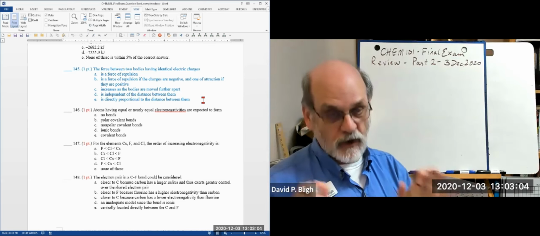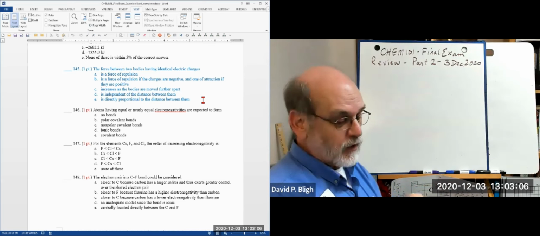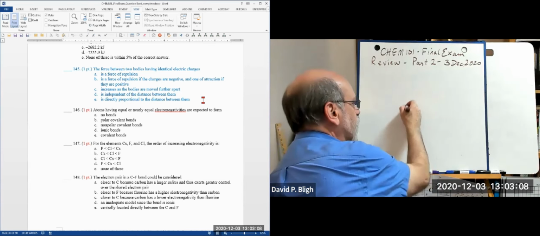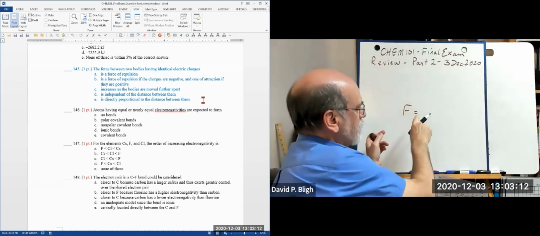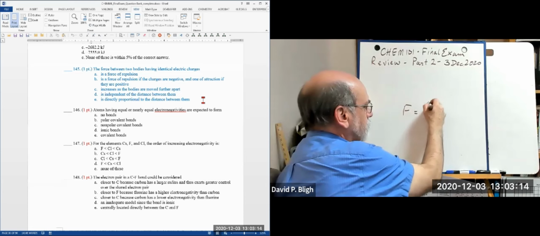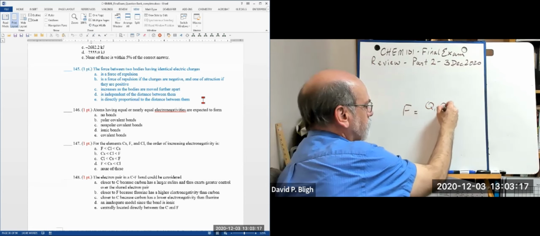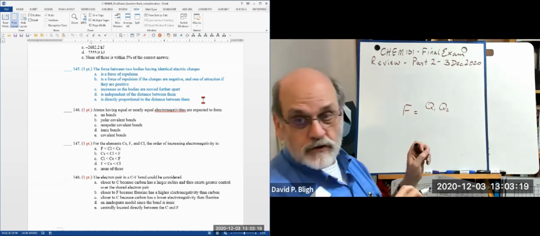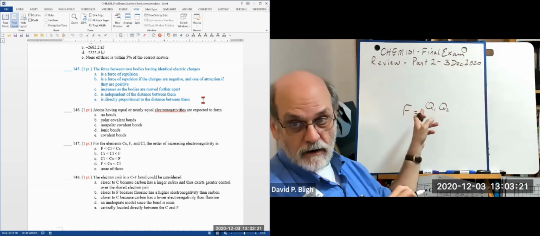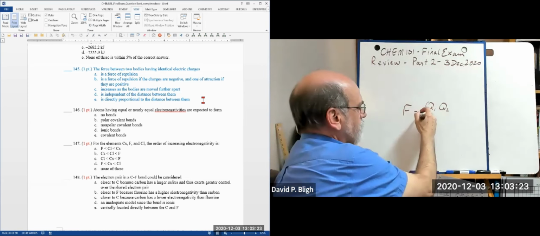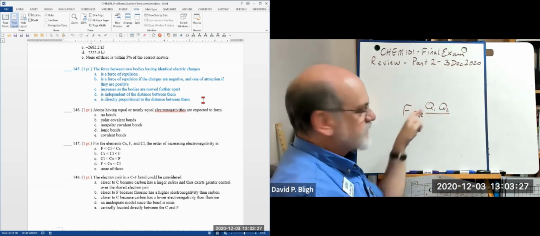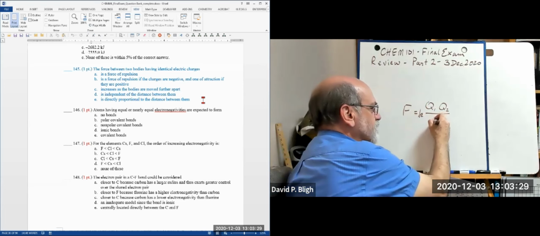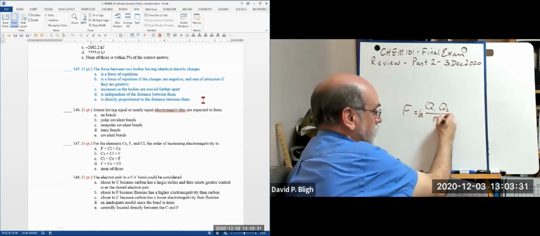Okay, this does require Coulomb's law to understand that part. So the force between the two charges is proportional to the two charges, how large they are. And there's a constant out here. I can't remember what it is. But it's inversely proportional to the distance between them squared.